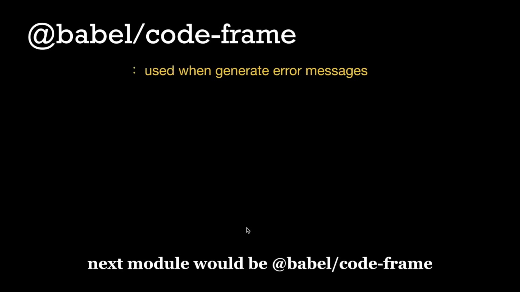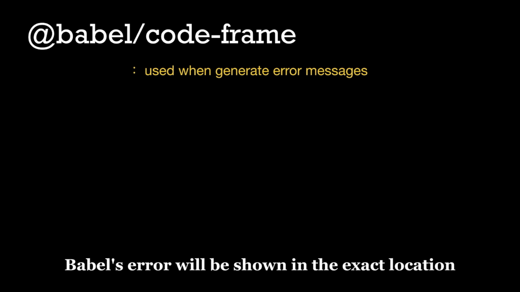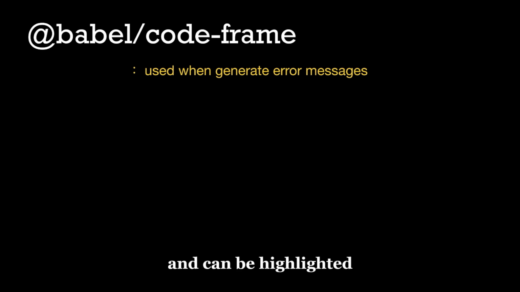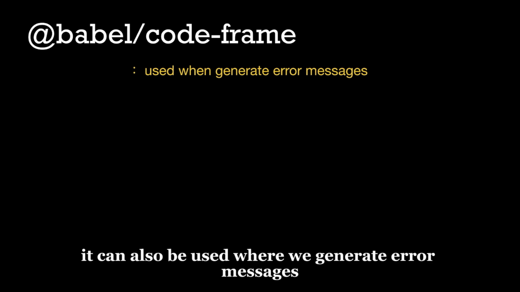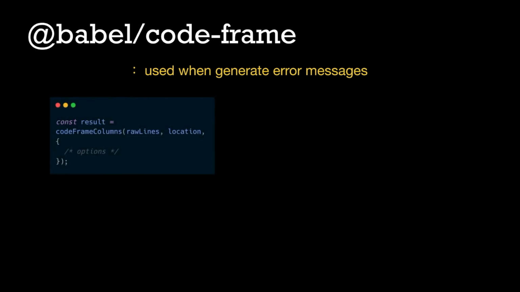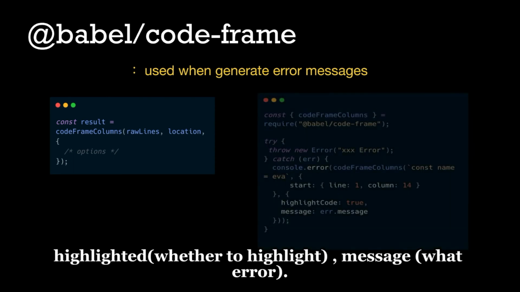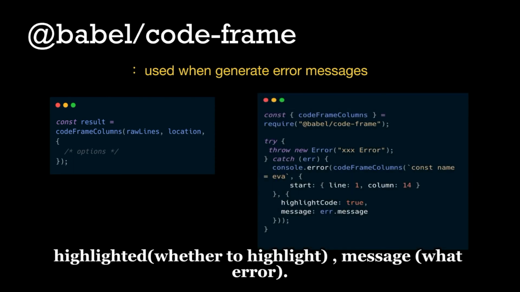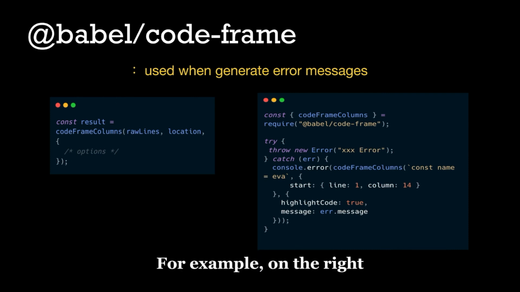Next module would be code frame. Babel's error will be shown in the exact location and can be highlighted. It can also be used when we generate error messages, which is the module Babel code frame. And options can be set to highlighted, whether to highlight, and message, what error, for example, on the right.